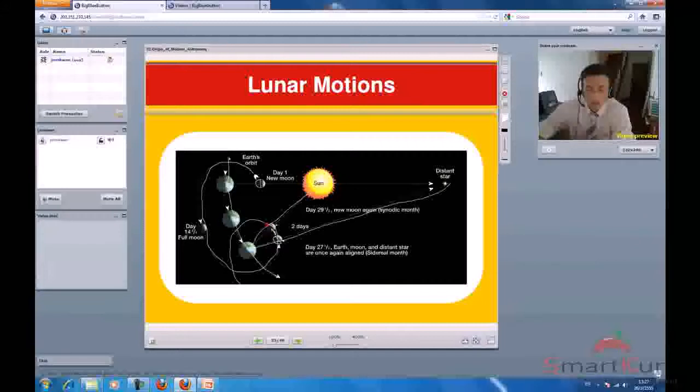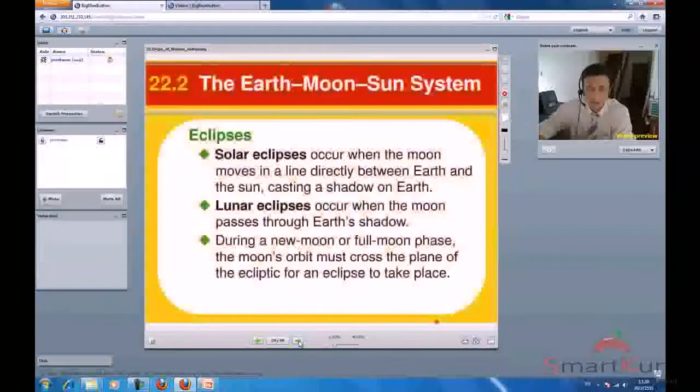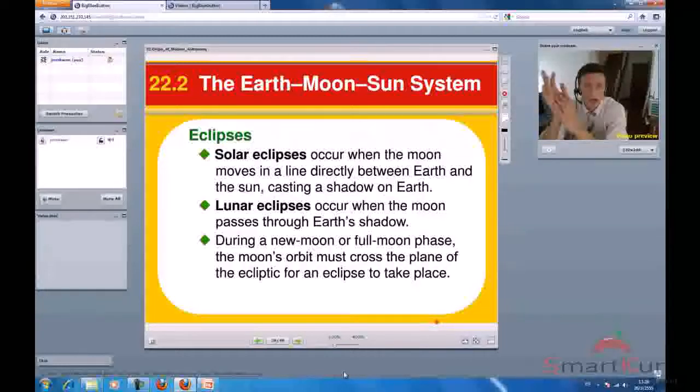Notice there on day 14 3/4 we see the full moon. At the bottom of the picture, notice right here, we've got day 27. I'm going to highlight that dark part of the moon again, the dark side of the moon. Day 27 1/3, that's when the Earth, the Moon, and a distant star would be aligned.